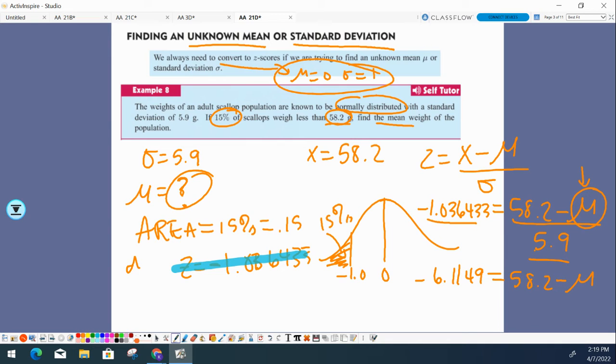Now we're going to subtract the 58.2 from the answer. You get negative 64.3 equals negative mu. But our mean is never negative. So you notice this negative here changes both our signs. So my final answer, mu, is 64.3.